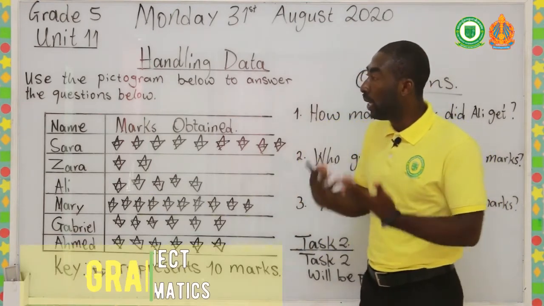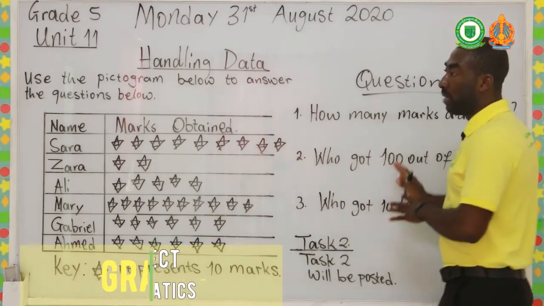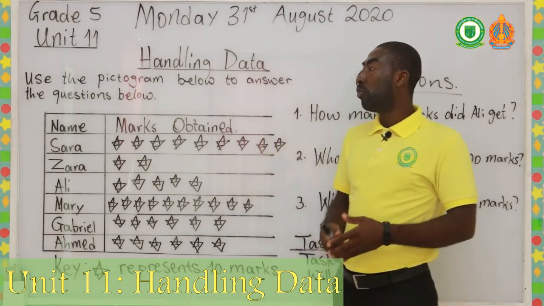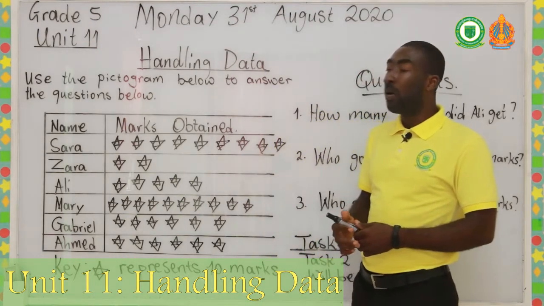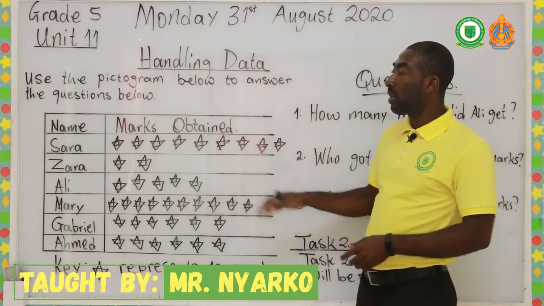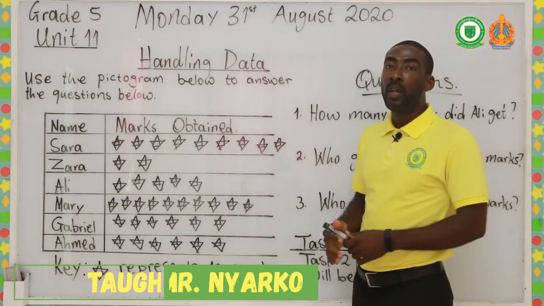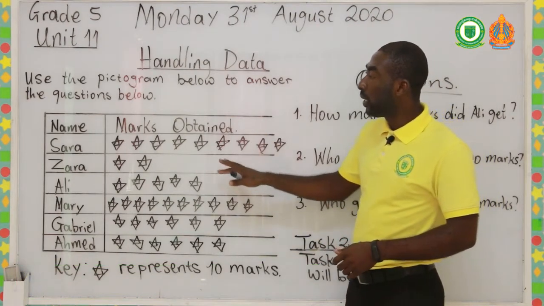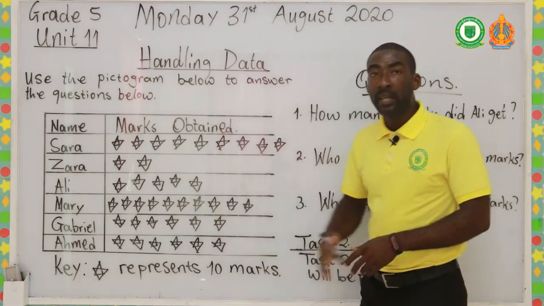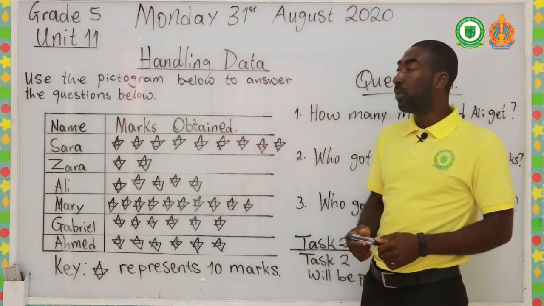Before you move to the questions and come back to your data, there's one thing I will always advise you to do with your pictogram: try to know the total of the frequency, or the pictures or items that you are dealing with. That will help you to answer your questions very easily.